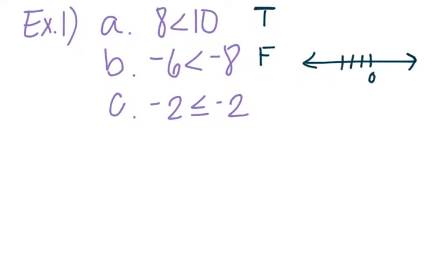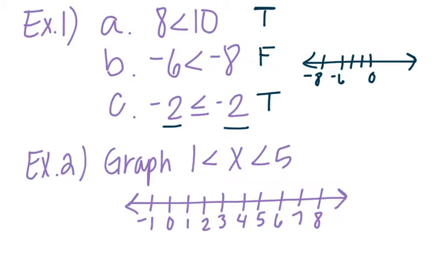So if we're going by twos, 2, 4, 6, this would be -6, and this would be -8. So -6 is actually greater than -8, which is why that would be false. Now for C, we have -2 is less than or equal to -2. -2 and -2 are equal, so that one is true.